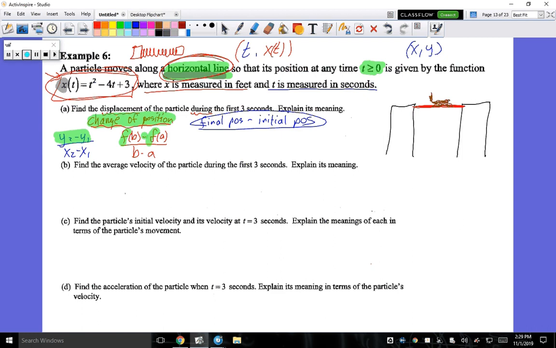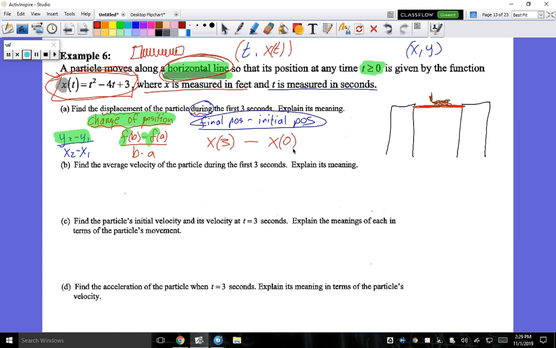So if I'm asking you during the first 3 seconds, what letters could I write to signify the final position? X of what? X of 3. And I'm going to subtract my initial position. What's my initial position? X of 0.